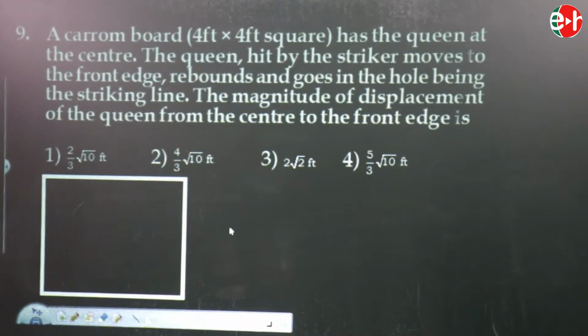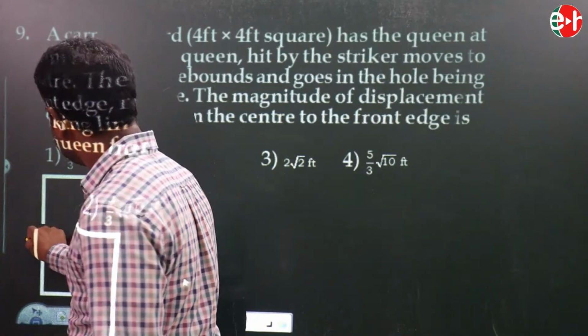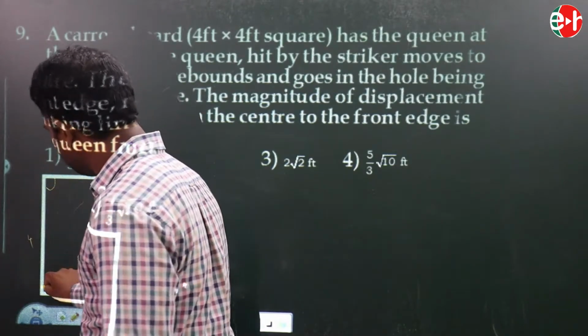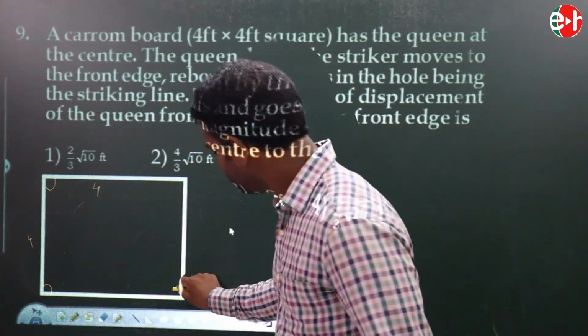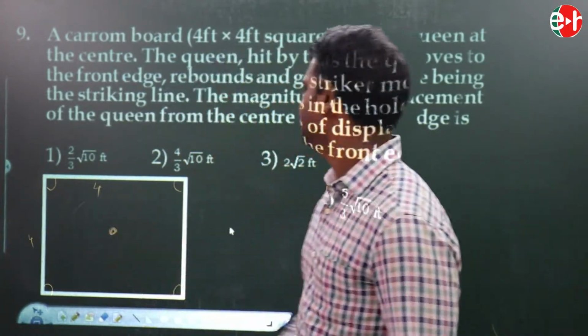Look at this very interesting problem. A carrom board 4 feet by 4 feet square has the queen at the center. So this is 4 feet, this is 4 feet. These are corners like this. And there is a queen at the center, like this.